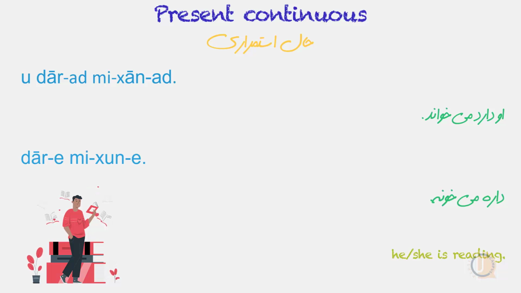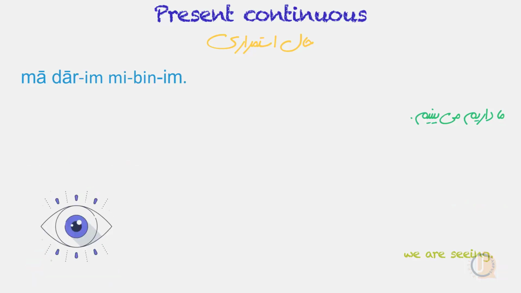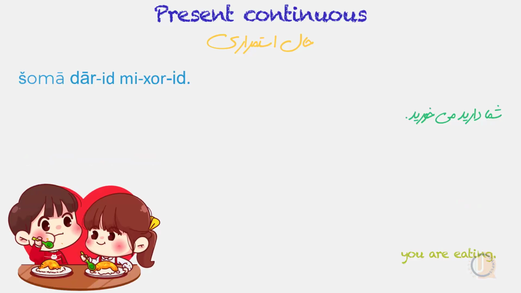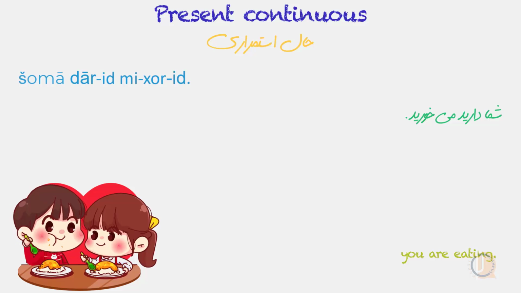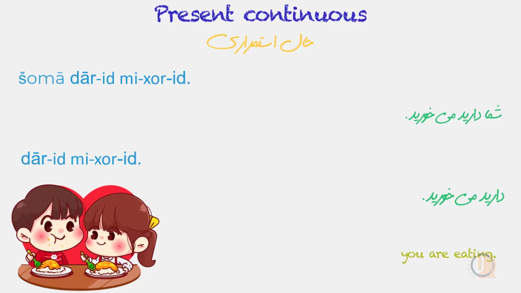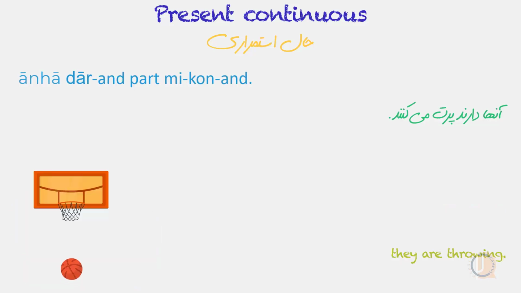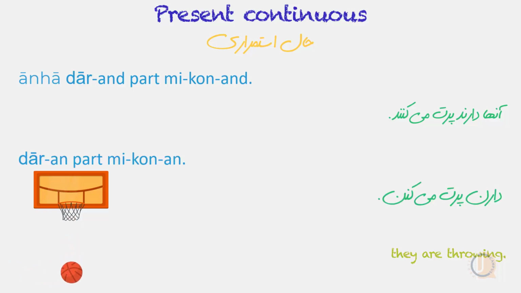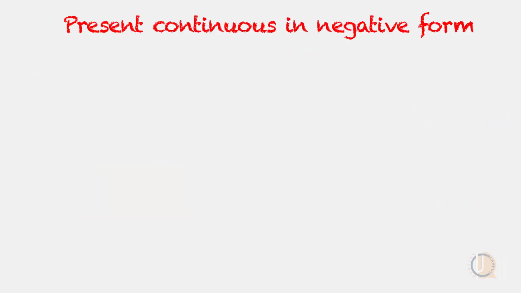She or he is reading. ما داریم میبینیم. We are seeing. شما دارید میخورید. You are eating. آنها دارند پرت میکنند. They are throwing. That was about the affirmative form.